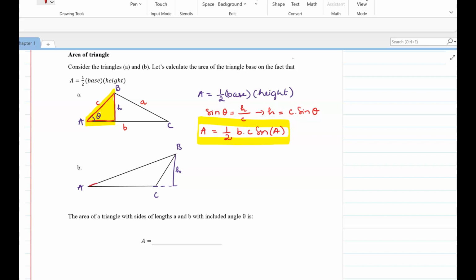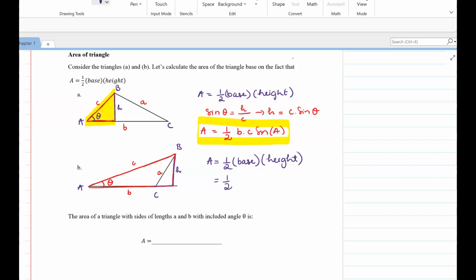So let's consider this right triangle, and let's say we are given this angle theta, or that's angle A. This is our c, small a, and small b. The area equals 1/2 base times height.